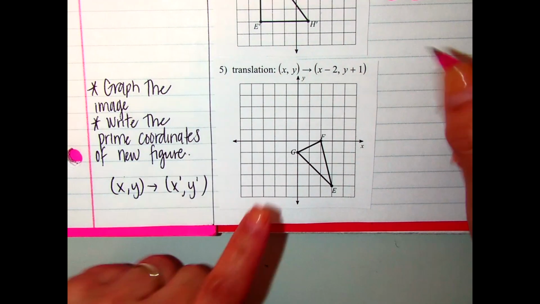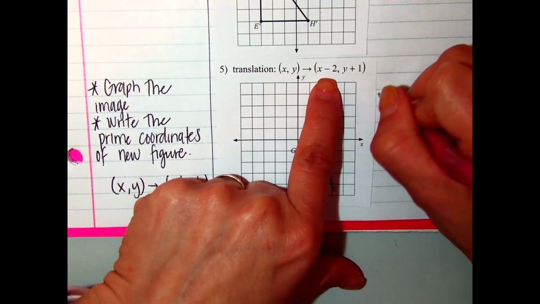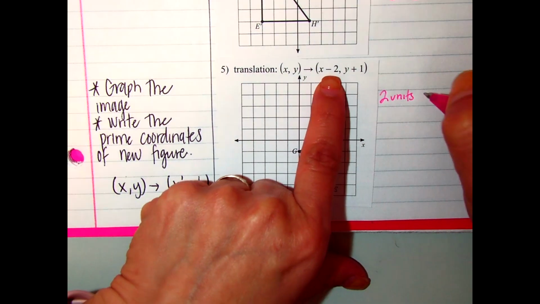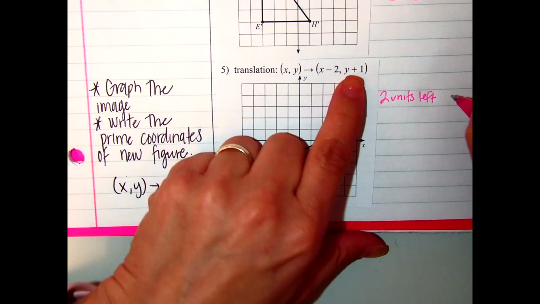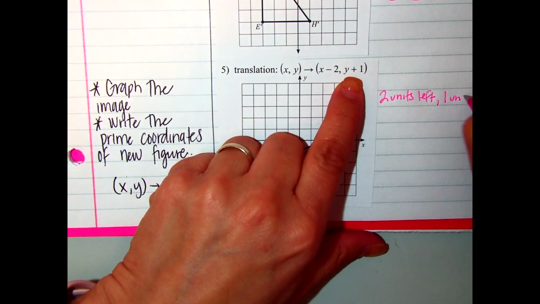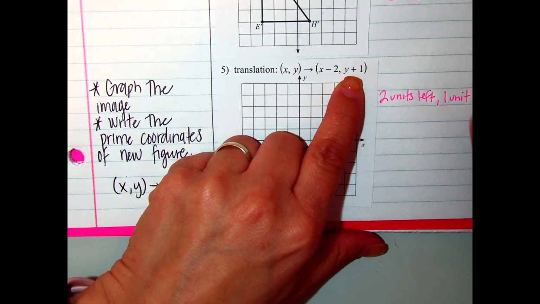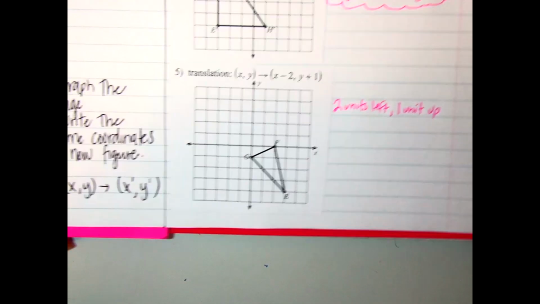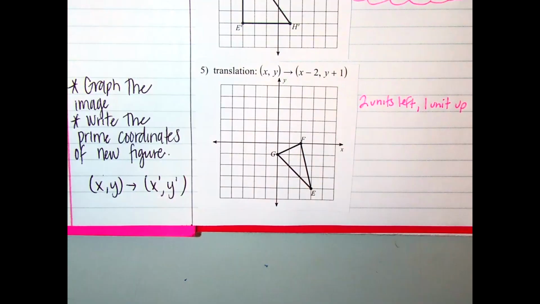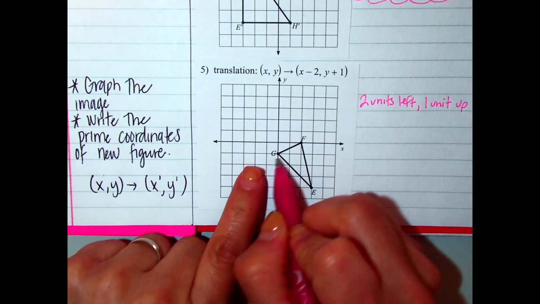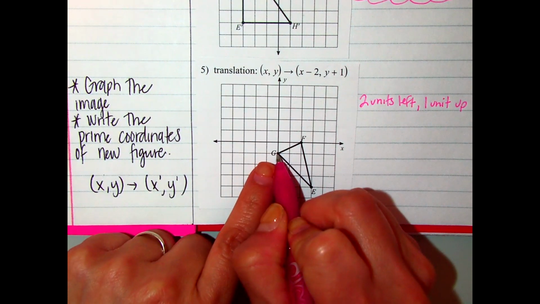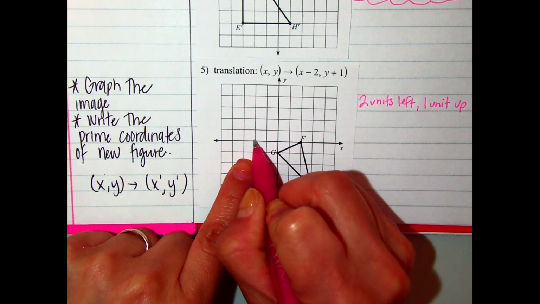So it looks like we're going to be moving 2 units, minus 2 means to the left, and then 1 unit, because it's positive, that means we're going to go up. Okay? So here we go. We're going to take whichever point you want. It doesn't really matter what you start with. I'm going to move 2 to the left, 1, 2, and then 1 up, G prime.